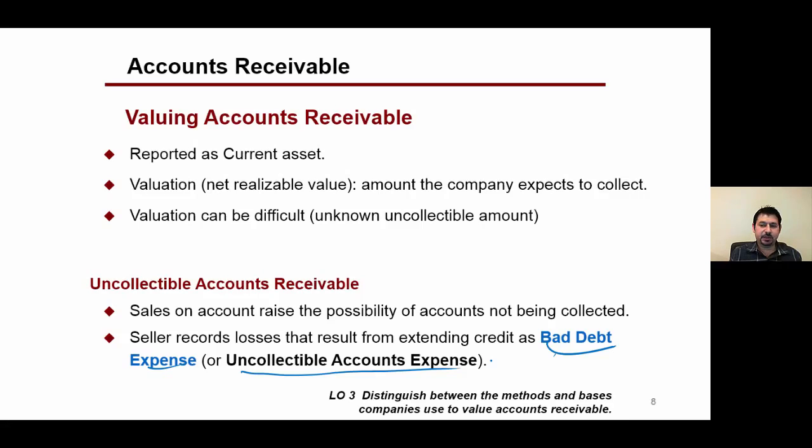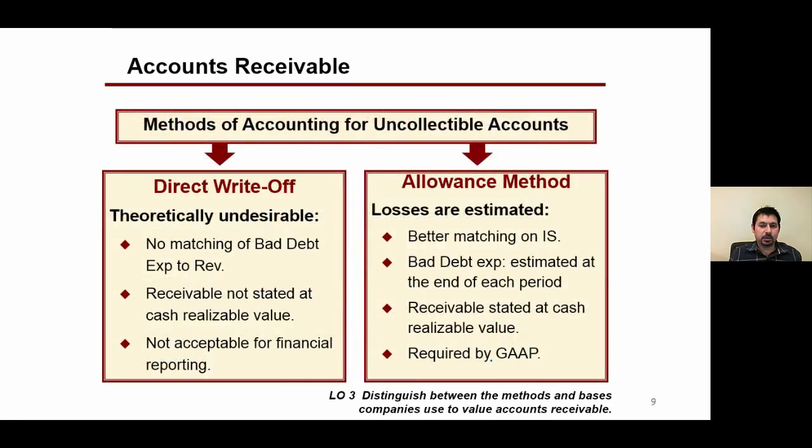And this is why it is very important to know how to value them, in order to be fairly representative of the actual net realizable value, or cash realizable value. Now, there are two main methods of accounting for those uncollectible accounts. We have the direct write-off method and the allowance method.